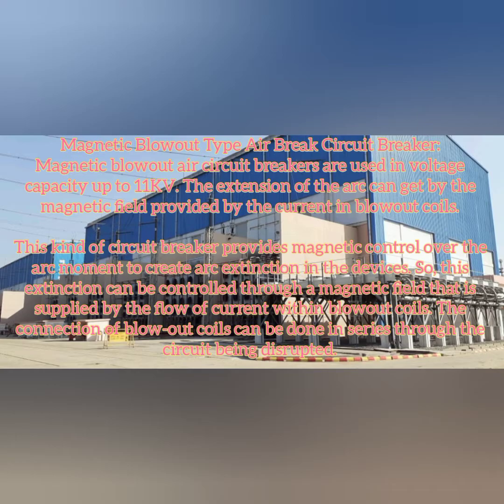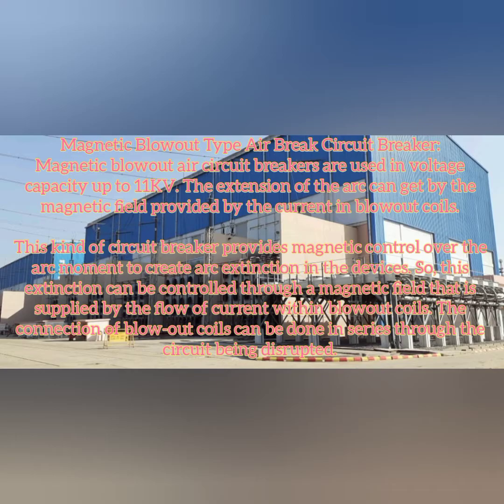This extension can be controlled through a magnetic field that is supplied by the flow of current within the blowout coils. The connection of the blowout coil can be done in series with the circuit being interrupted.